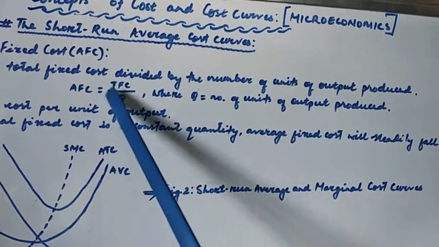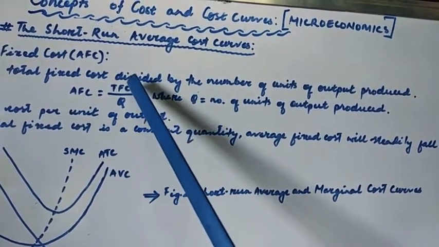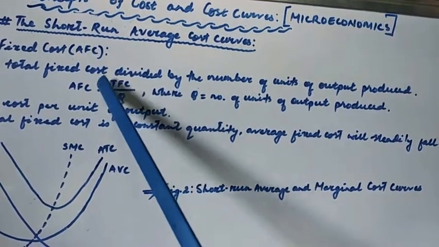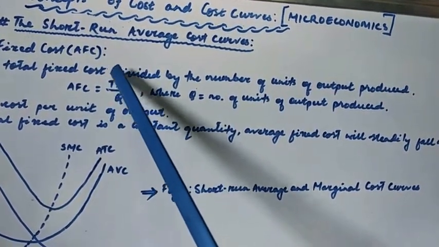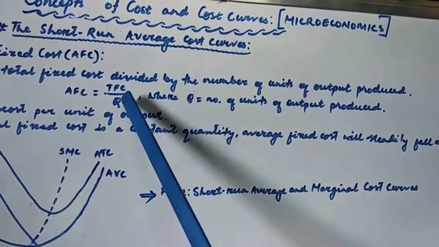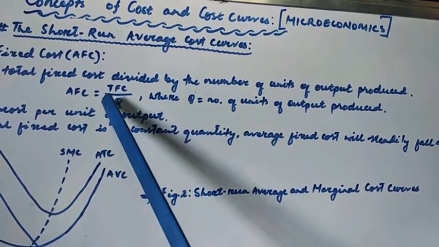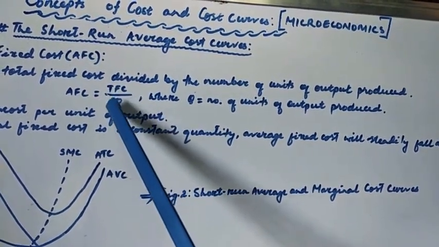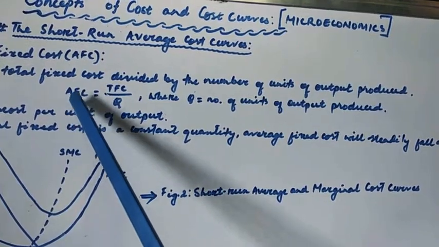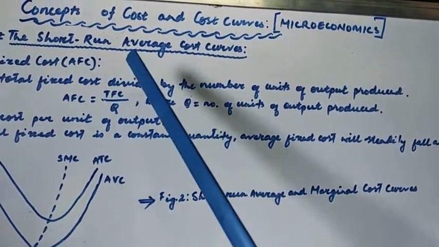So since total fixed cost remains constant, when output increases the average fixed cost will decline.